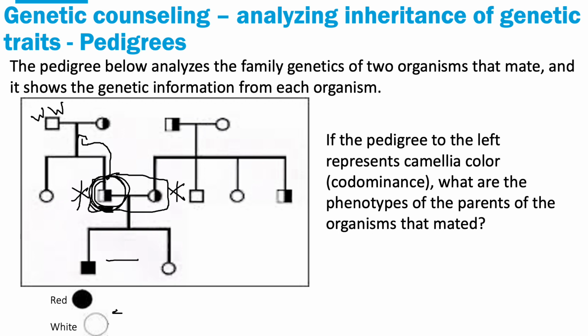And then the mom was going to represent white and red codominants together. Then when we look at the female, okay, so now we're on this side, starting with the dad, is going to represent white and red codominants together. And then the mom would represent just a white flower.